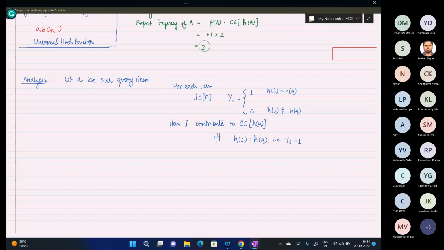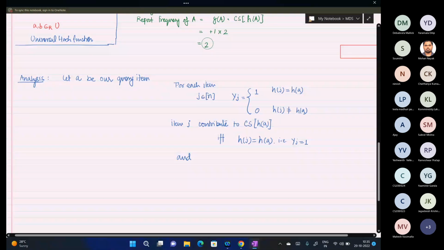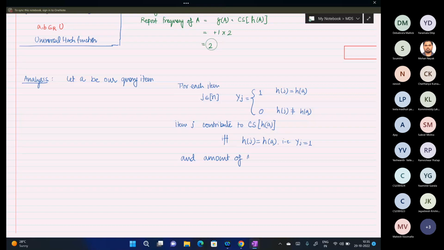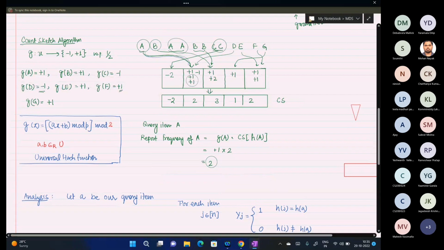And what will be the contribution? So here, what is the contribution of D?